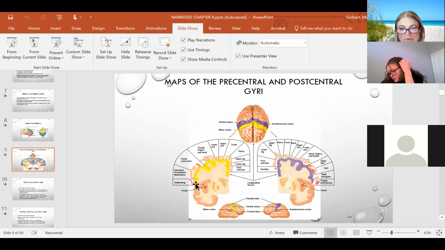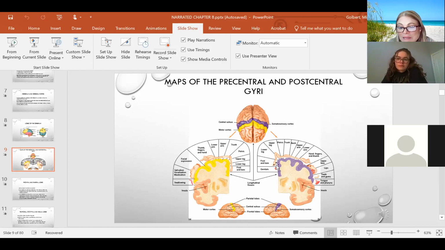You see how right here on the most lateral, we have the swallowing, and then anything that has to do with the face, facial expression, vocalization, mastication, everything that happens in the oral cavity. And then as we go toward the midline of the brain, you can see that you have the upper limbs and the lower limbs and the pelvis and all the way to the foot.